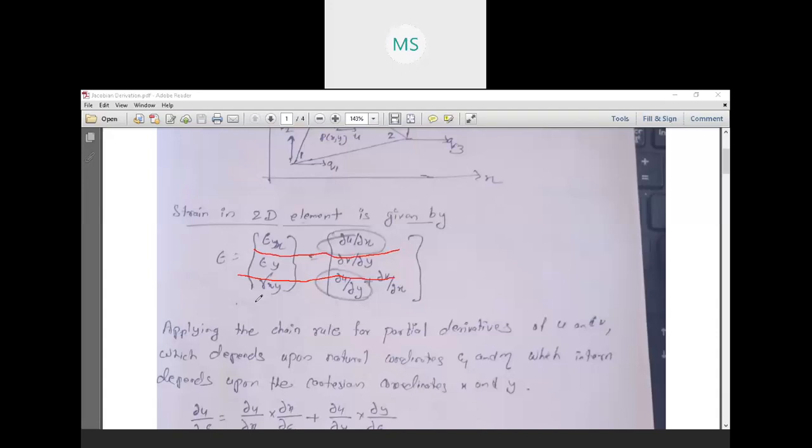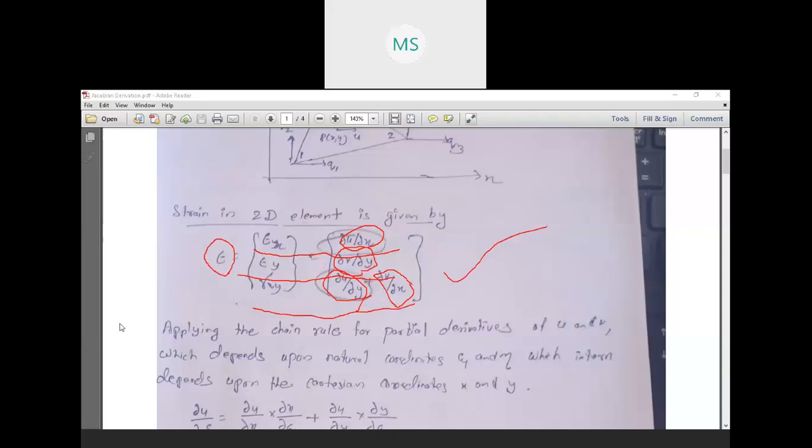And if you want the shear strain, then it will be opposite. So instead of del u by del x, del u by del y plus del v by del x, just the opposite. If you get all the 3 values, you are going to get the strain. And when we get all these values in terms of a matrix, then it will be the strain displacement matrix.